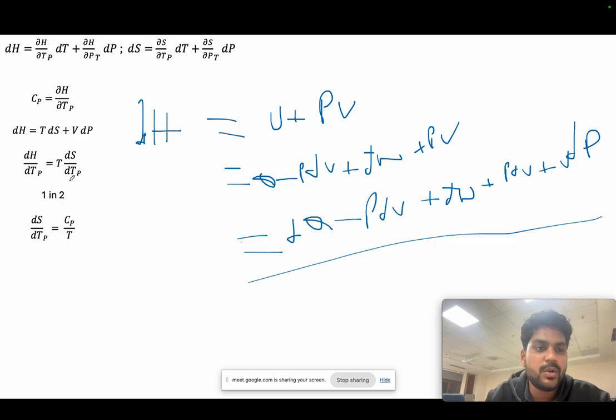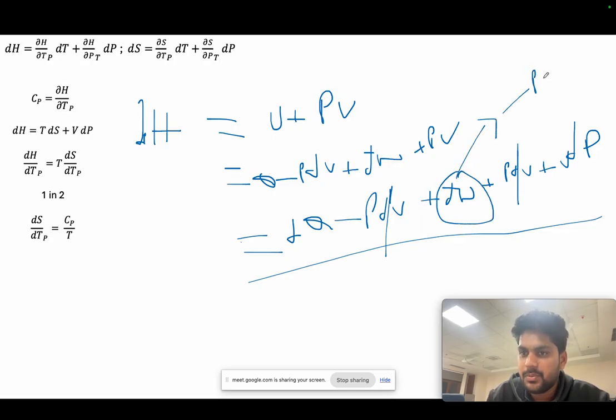At constant pressure, this one will get cancelled. The path term means the change in the path, so basically this is nothing but P dV only. The slash in the differentiation says that it is directly dependent upon the path. Once it is a constant path, it also becomes 0.